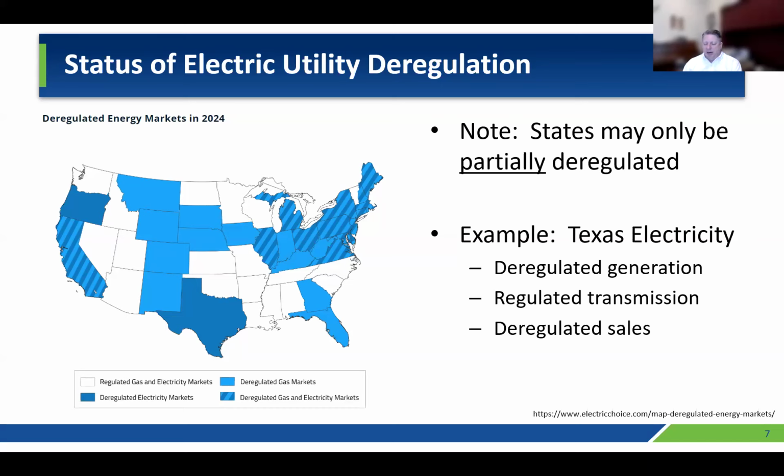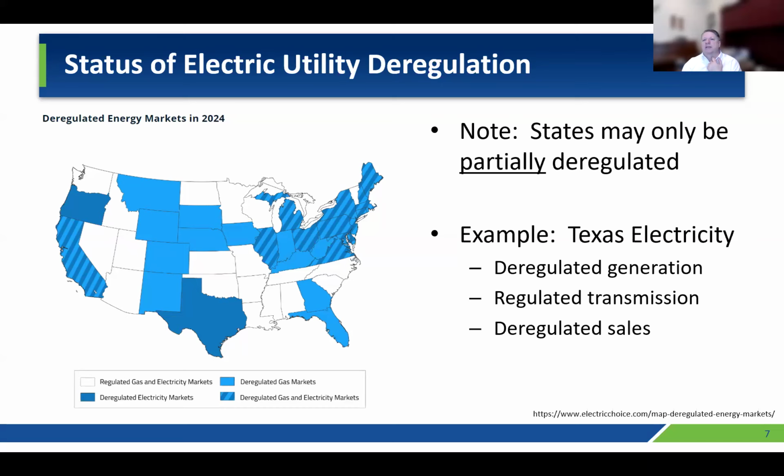So for example, here in Texas, our generation is deregulated, meaning anybody can produce electricity as long as they meet certain criteria and sell it on the wholesale market, as well as selling electricity. Anybody can create a business out of their garage, buy electricity on the wholesale market, and then resell it to consumers according to whatever contract terms they wish, and hopefully making money in the process.